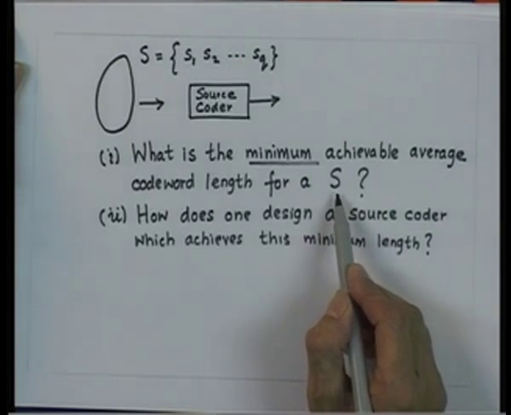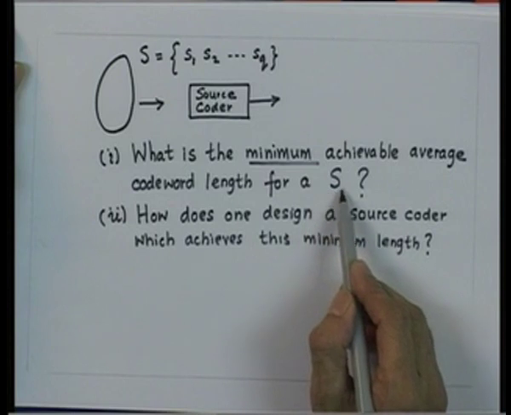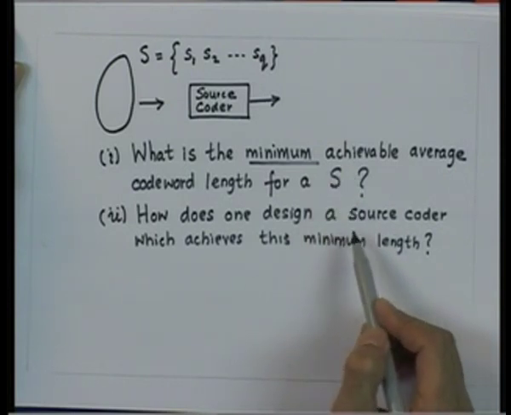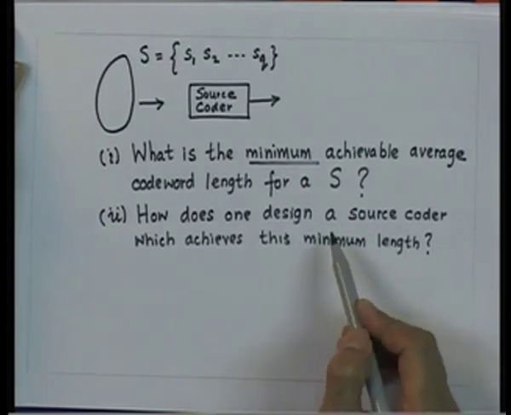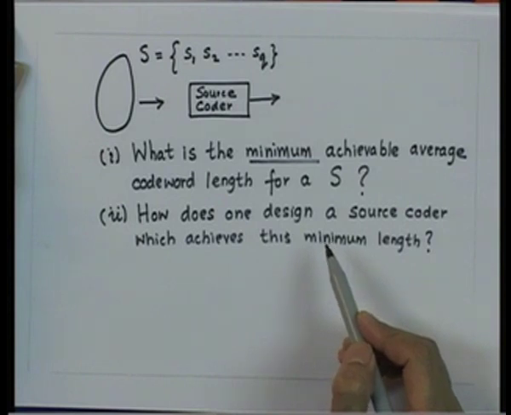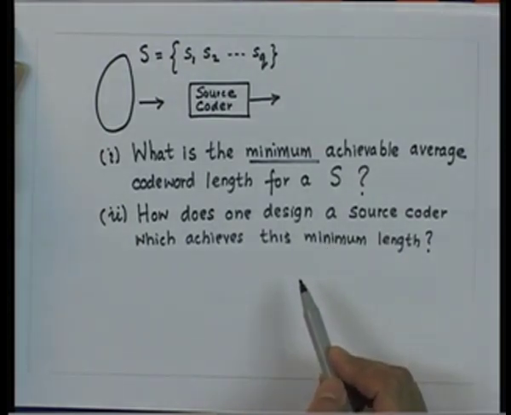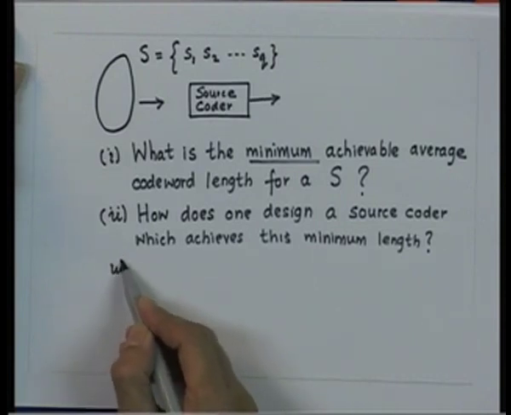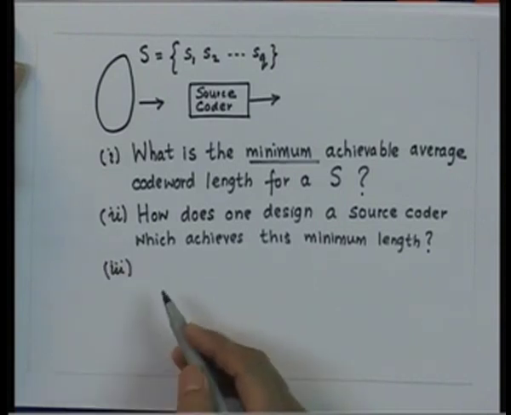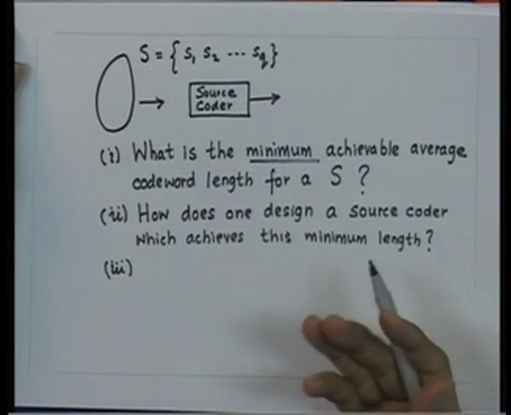Only when the source satisfies some particular constraint will it be possible for us to design an optimum source coder. So, for those sources where it is not possible to achieve the optimum source code design, we should look for strategies to develop or design source coders which come very close to this minimum length.